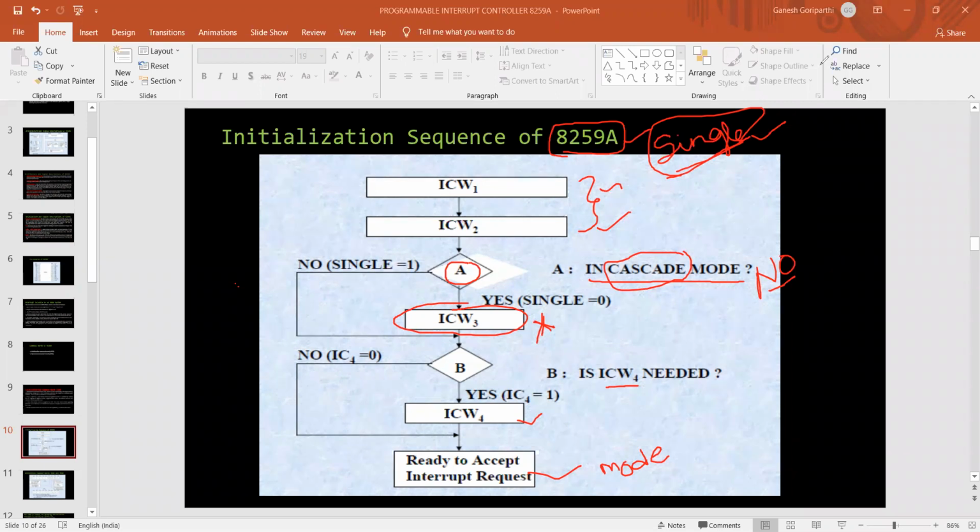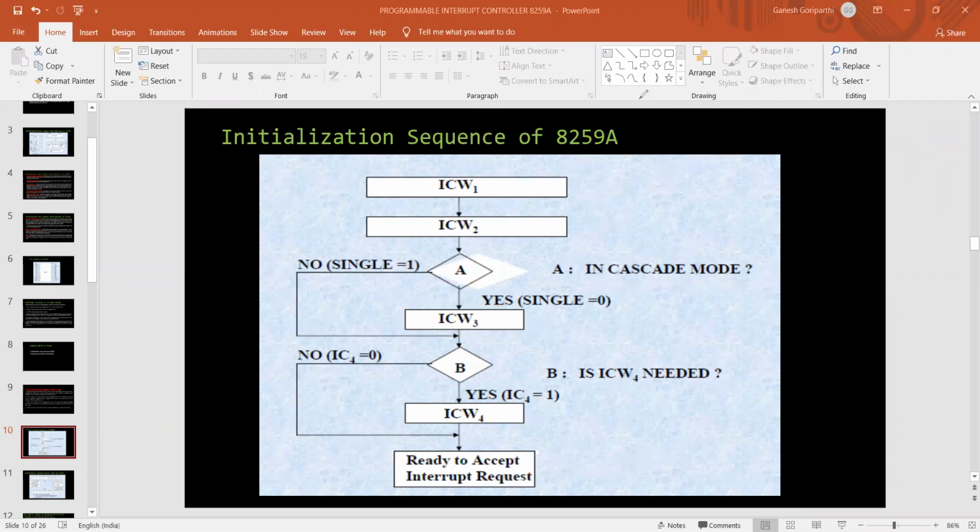Now, let us see when you require 4 initialization command words. If the answer for this question is yes, then you should definitely require ICW3.